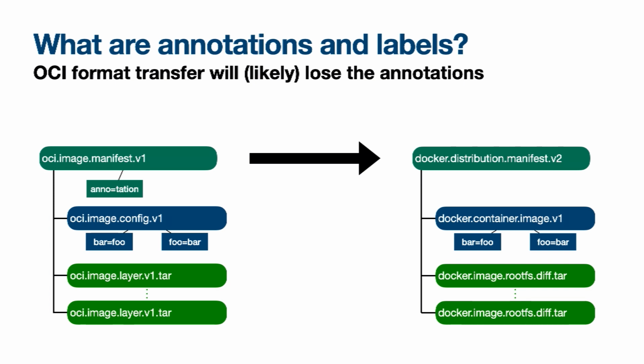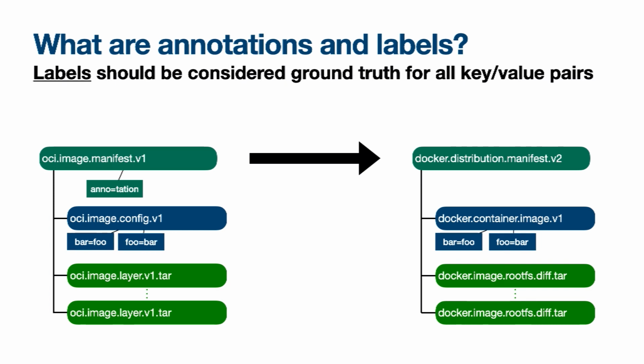So the first ground rule is that if we have annotations in the manifest, we should also have those in the image config object, because this will stick. This will stick to whatever format you transform your image to. Like you can transform it from OCI to SIF. The config object will be there, even though it's a different format, and the information about labels will stick no matter what transformation you do.